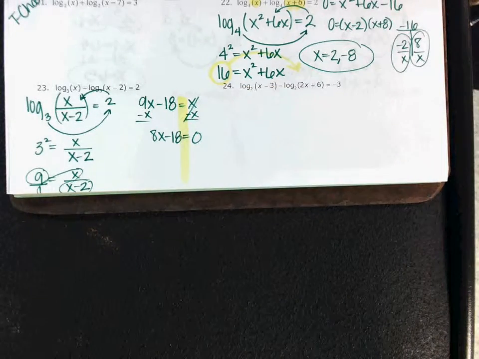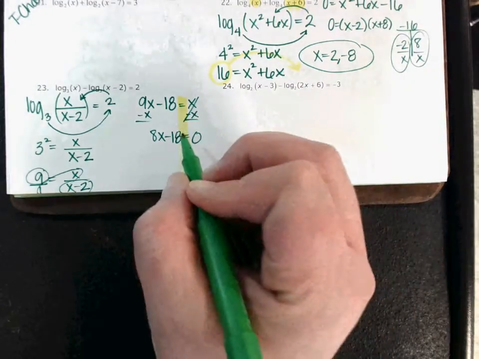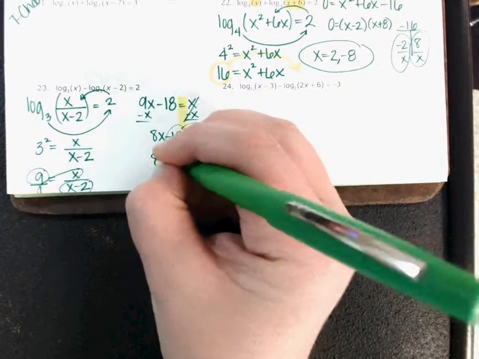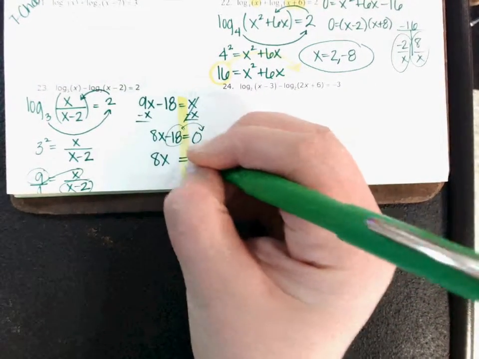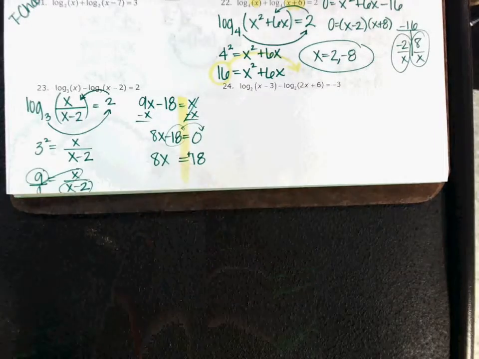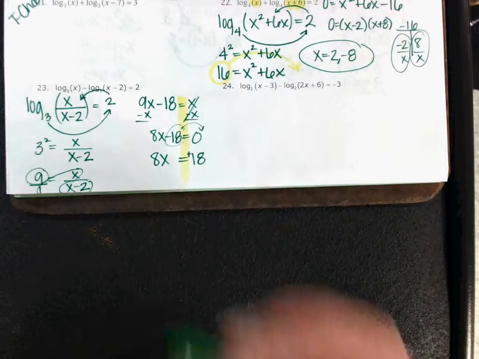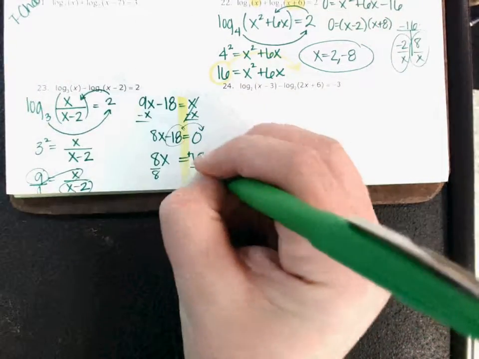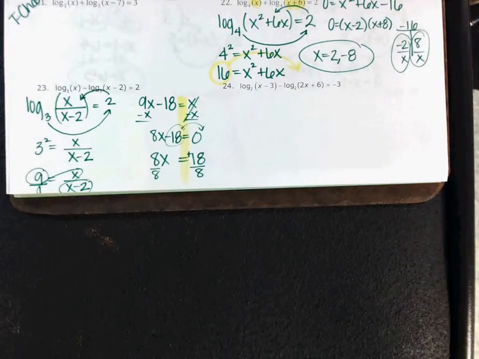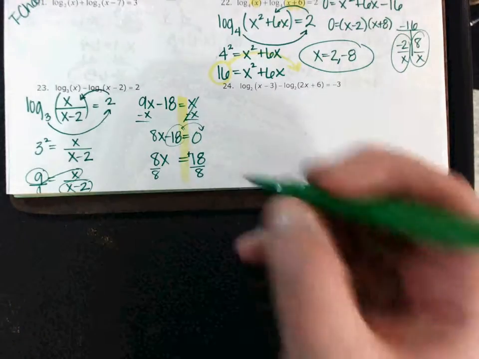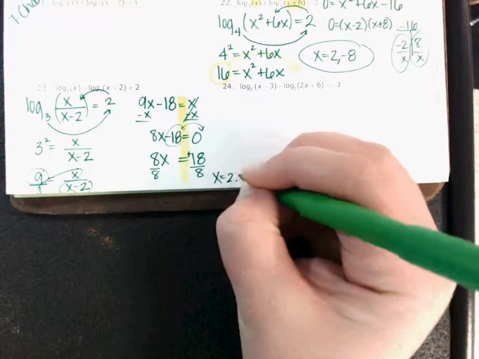And then if minus 18 needs to go to the other side, what will its sign be when it moves over? Plus 18 on that side. So 8x is positive. I put a little plus there because it moved. And then last step, divide by 8. Perfect. Okay, so this one also comes out to be a decimal. She said 2.25. That is correct.